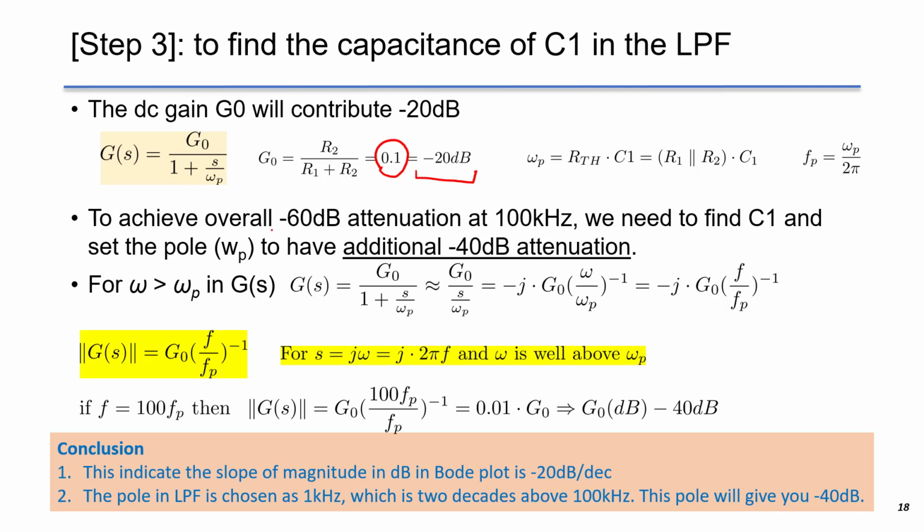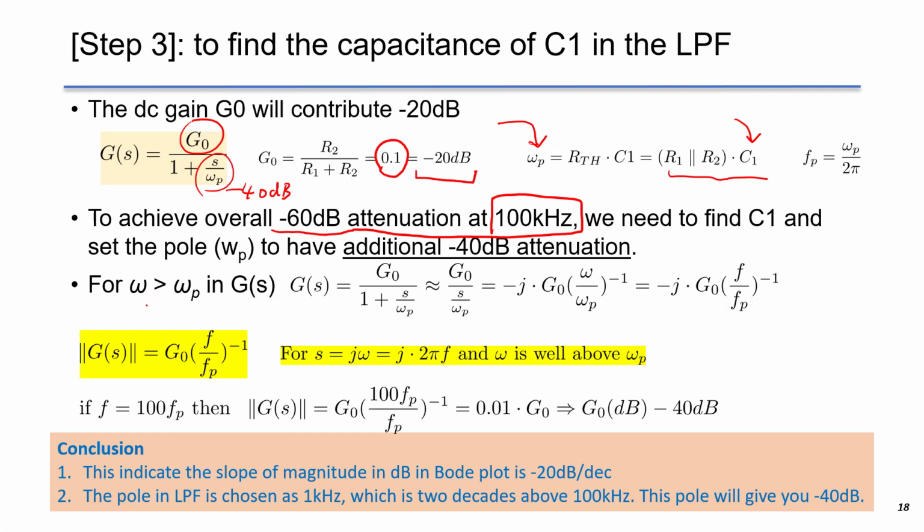Because our goal is to get minus 60 dB attenuation at 100 kHz, and we have minus 20 dB contributed by this DC gain, another minus 40 dB will be given by this single pole. We know the pole location is determined by R1 in parallel with R2 times C1. So because of minus 40 dB, we can define the pole location, and we know R1 and R2. Finally, we can find C1.